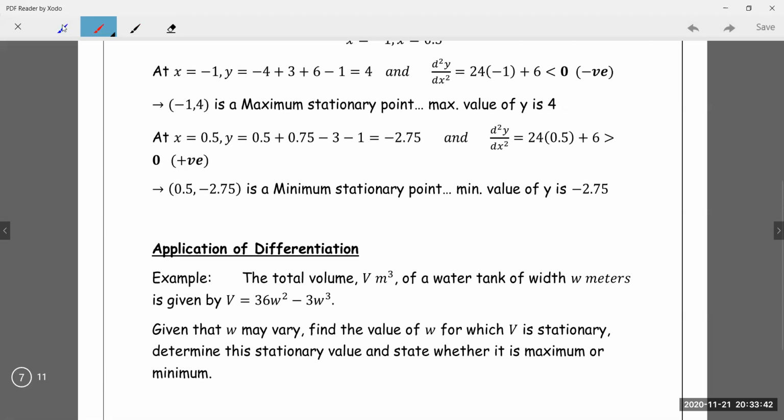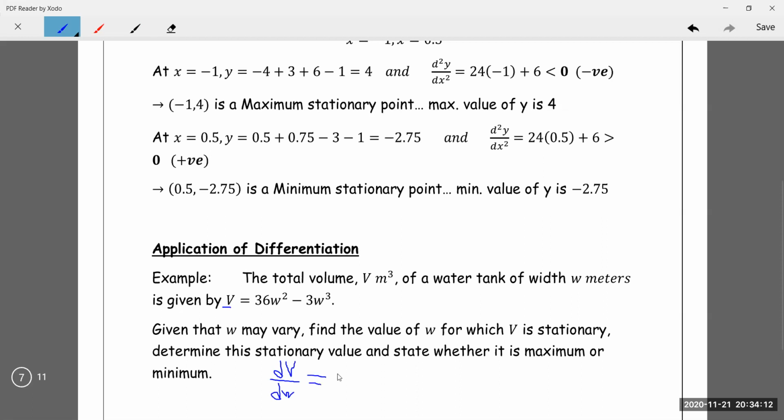And how do you write the gradient of V? dV by dW. Very good. So we know that it's going to be stationary when dV by dW equals 0.